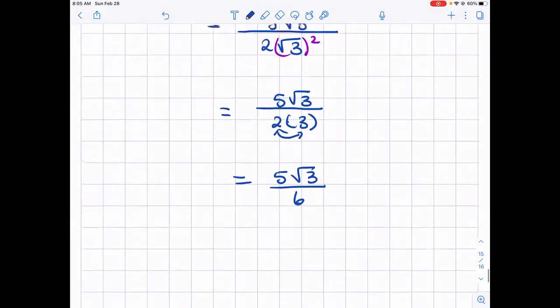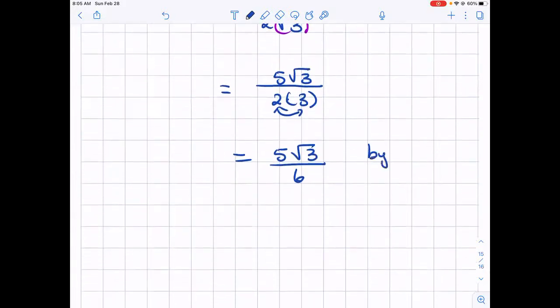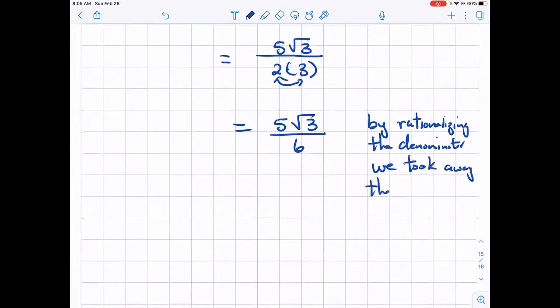So by rationalizing the denominator, we took away the root from the denominator.